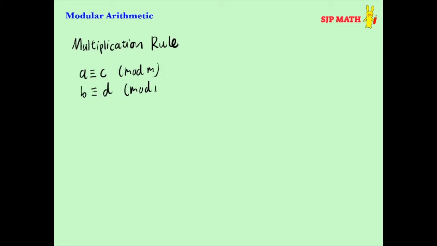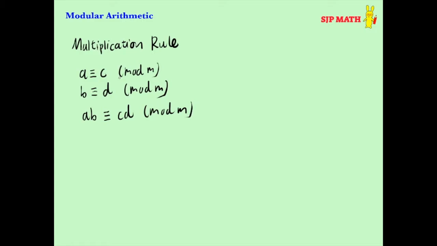We're going to start off with the multiplication rule. Okay, so if we have some integer A is congruent to some integer C mod M, and some integer B is congruent to some integer D mod M, then we know that A times B is congruent to C times D mod M. So we see here we started off with the same thing that we started off with for the addition and subtraction rule.